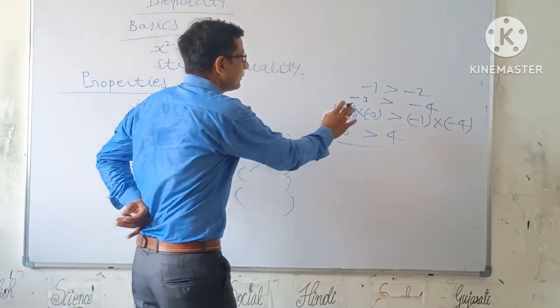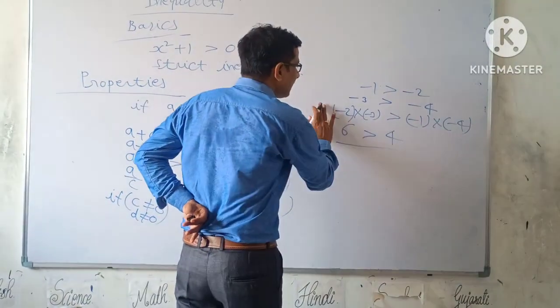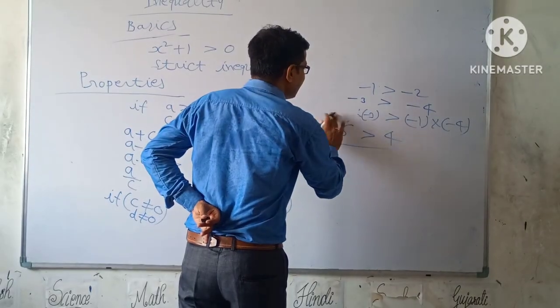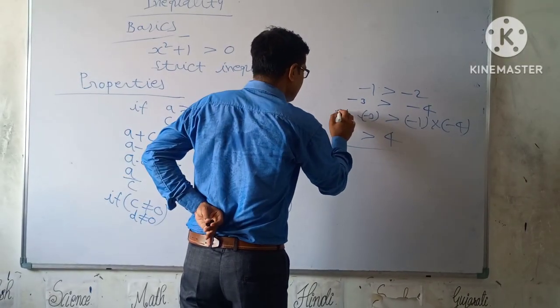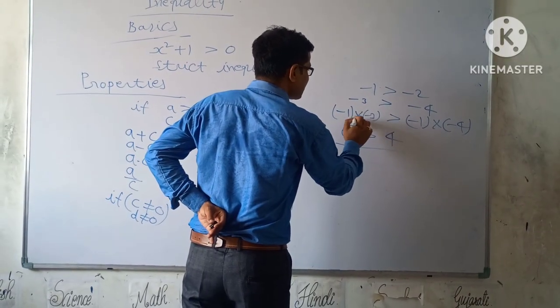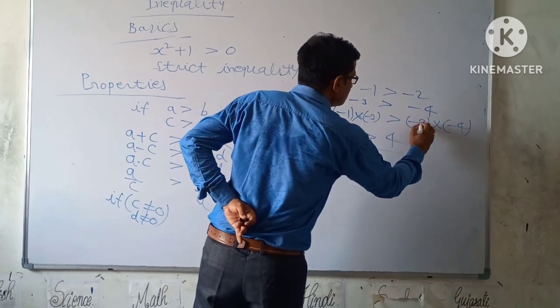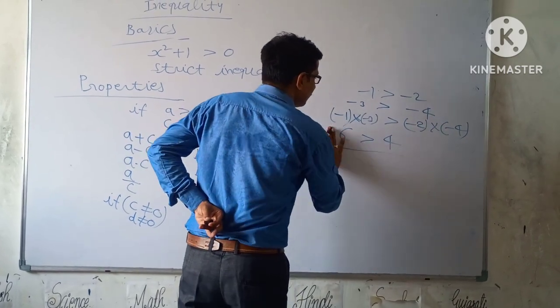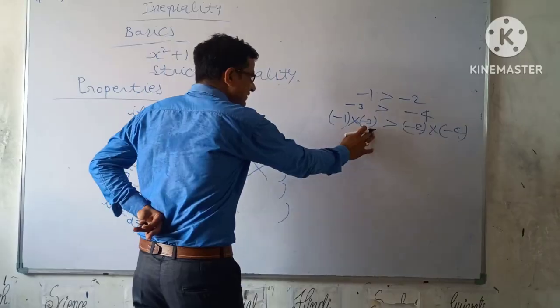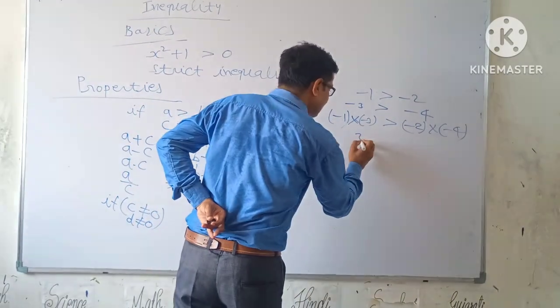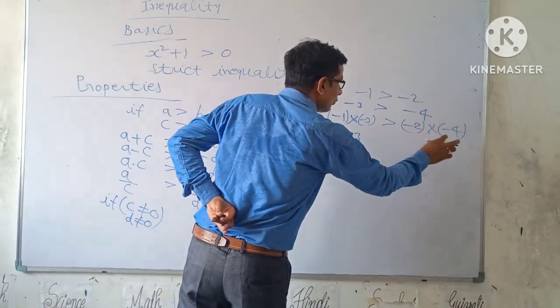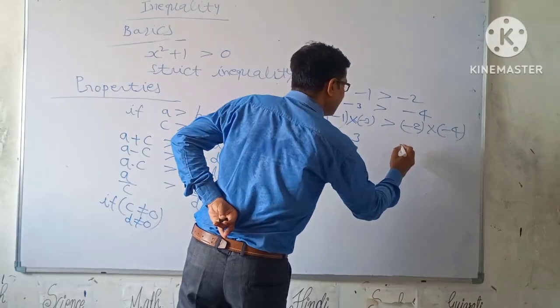So if we take minus 1 greater than minus 2, and multiply both of them now, minus 1 multiply minus 3, and here minus 2 multiply minus 4, we will find that minus 3 into minus 1 will become 3, and minus 2 into minus 4 we will find 8.